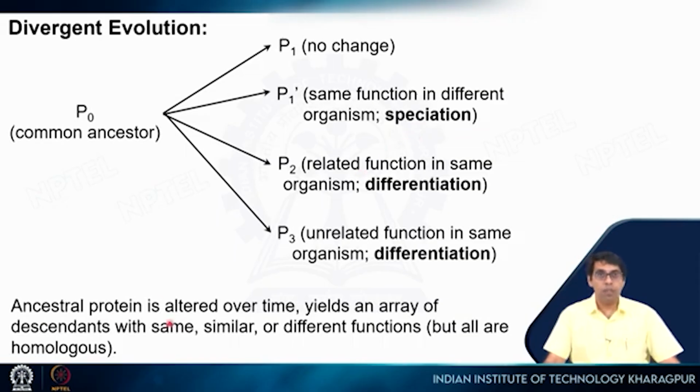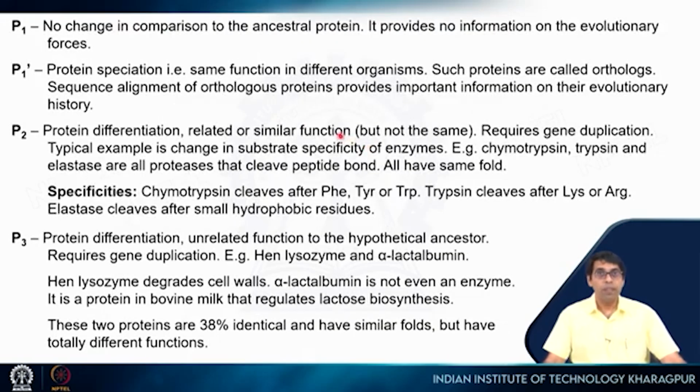So the ancestral protein is altered over time. It yields an array of descendants with the same, similar or different functions. These are all homologous proteins, so all these proteins will be homologous to each other and to this ancestor. Whatever I mentioned is written here. P1 has no change in comparison to the ancestral protein.